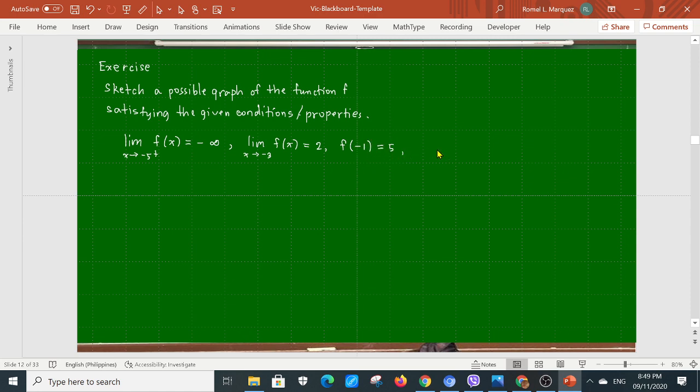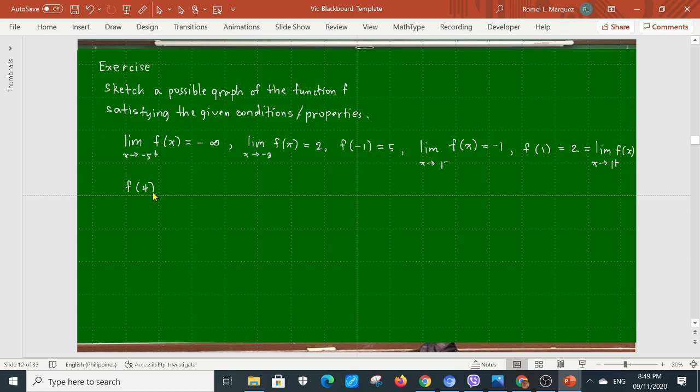Another condition, the limit as x approaches 1 from the left of f of x equals negative 1. f of 1 equals positive 2, and that happens to be equal also to the limit of f of x as x approaches 1 from the right.